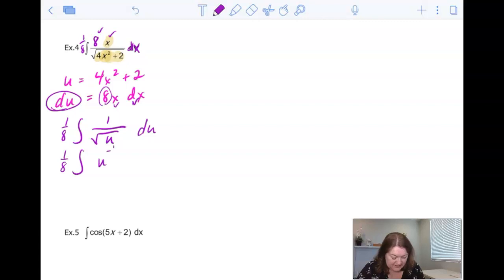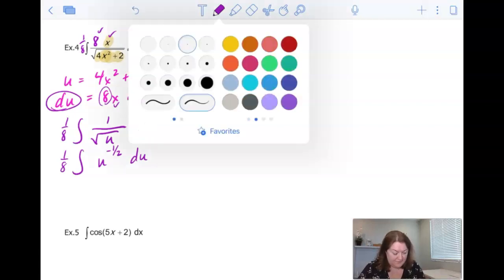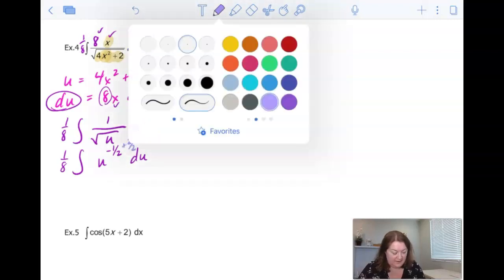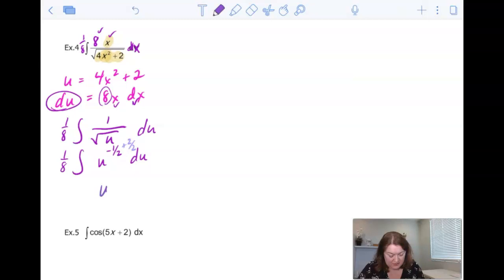So this is u to the negative 1/2 du. Raise it up by a power, so we're going to add 2 over 2 to this. So if I add 2 over 2 to this, I'm going to get u to the 1/2 power over 1/2 with a 1/8 in front.